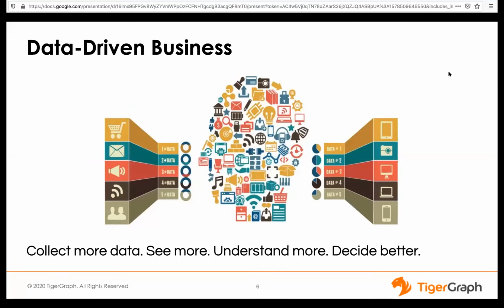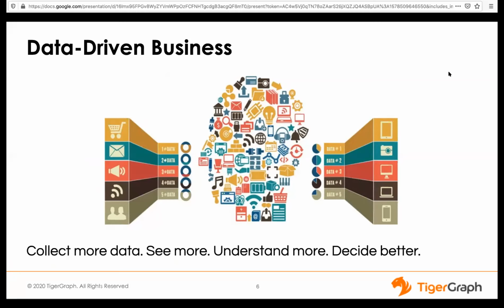So having all that data, you potentially can see more, you can understand more, and then make better decisions. And I want you to think not so narrowly about what people typically call decision analytics, but realize everything you do in your job is a decision. You decided to do that. Why did you decide to do that instead of something else? So it's optimizing our activities.